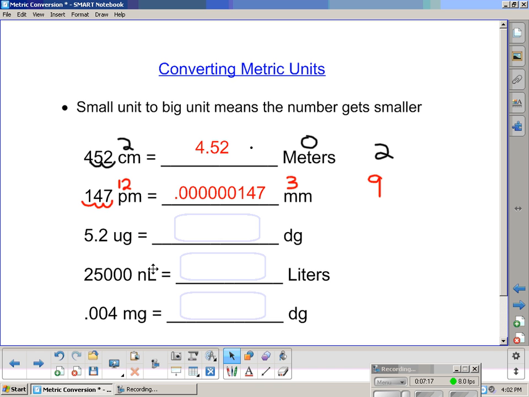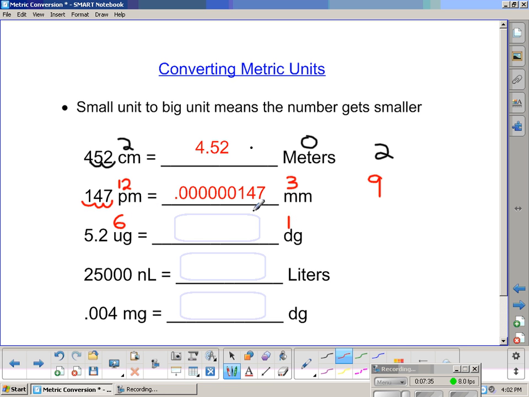Okay, so here we have micrograms. A mu stands for micro. Micro, you have 6 decimal places. Deci is 1 decimal place.